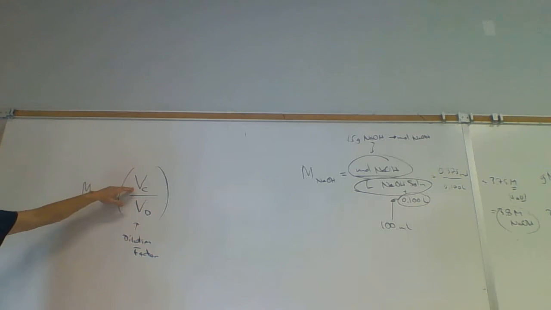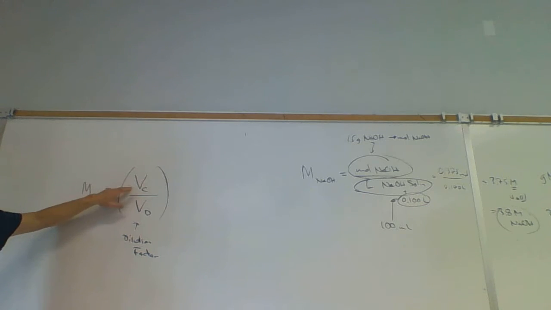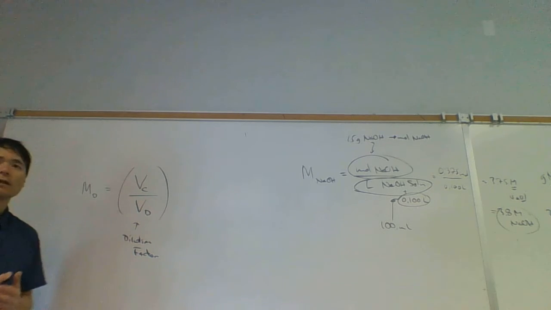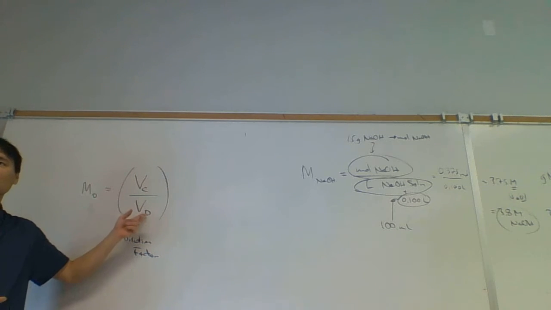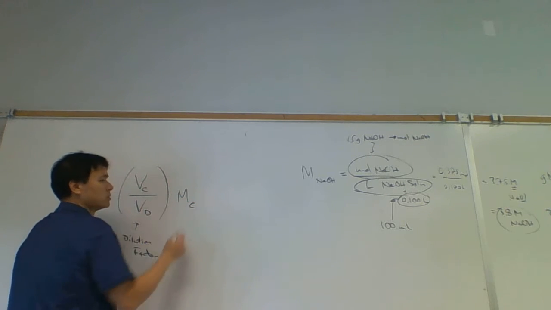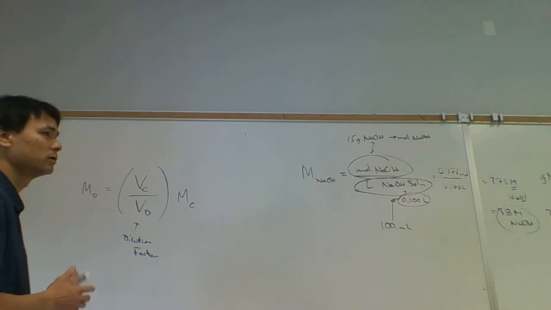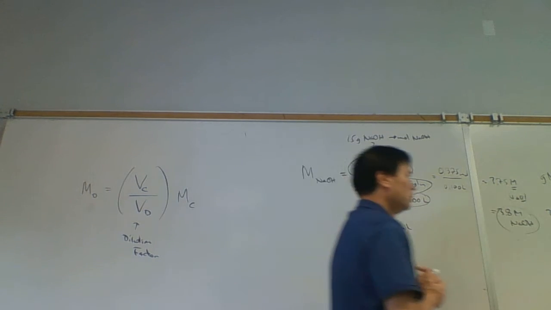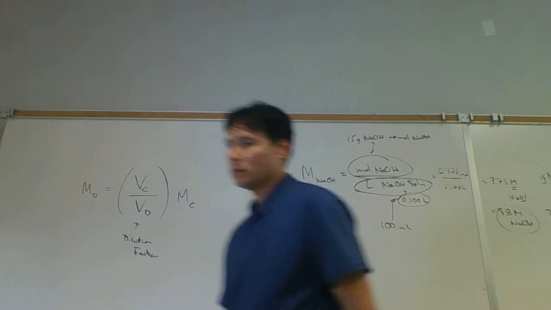Then the dilution factor is 1/2, because we're taking 1 and doubling the volume. Let's say we take 1 part and dilute it to 3 parts total. That's a 1-to-3 dilution, and the concentration is going to be 1/3 times the concentrated solution. This is a solution dilution problem. If we look at molarity times volume, let's go back to the original one here.